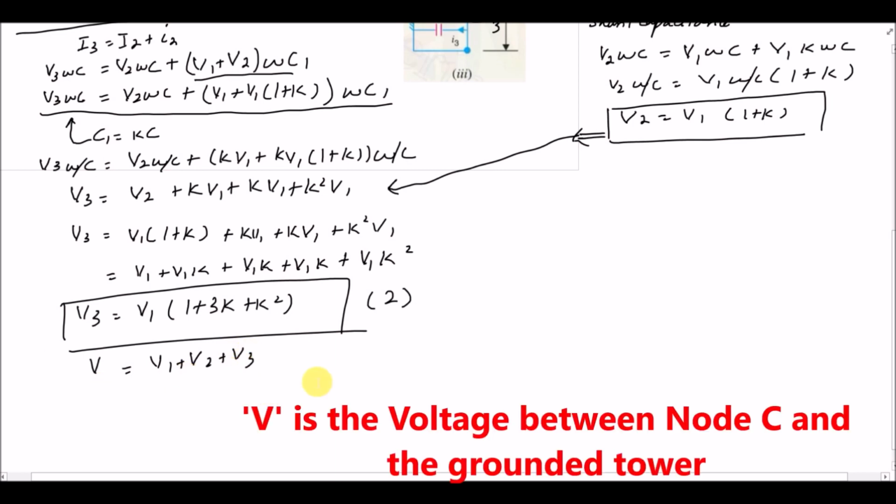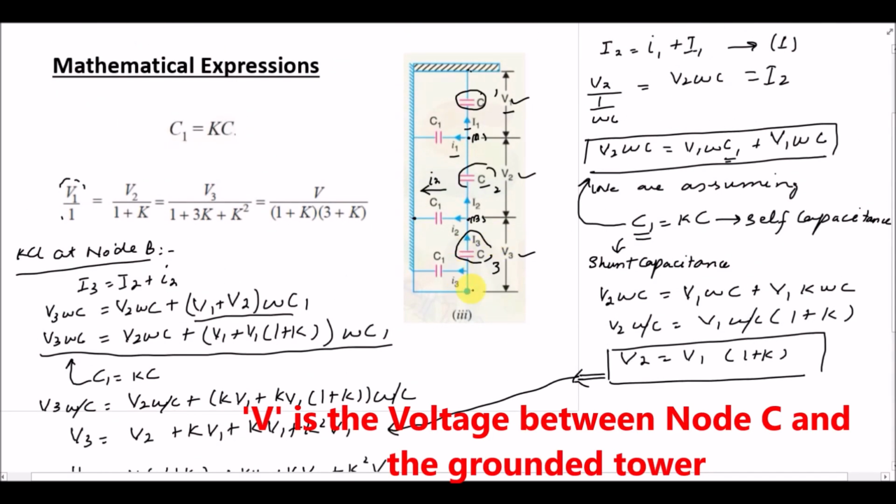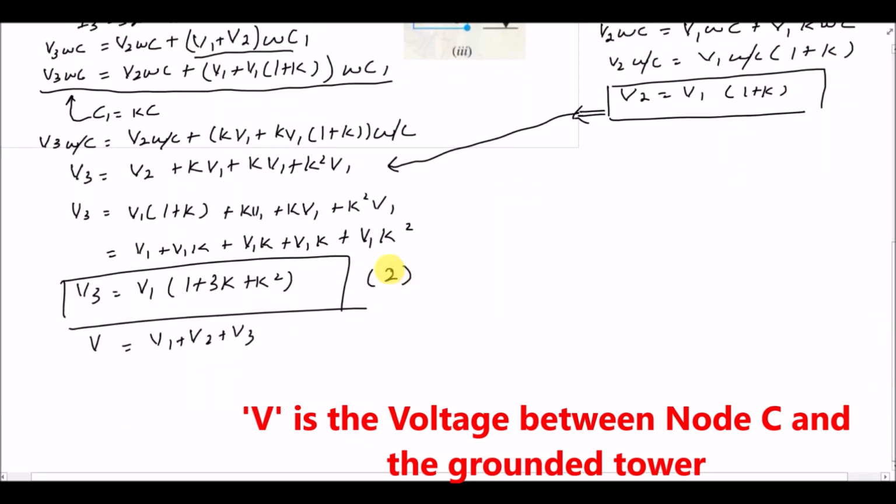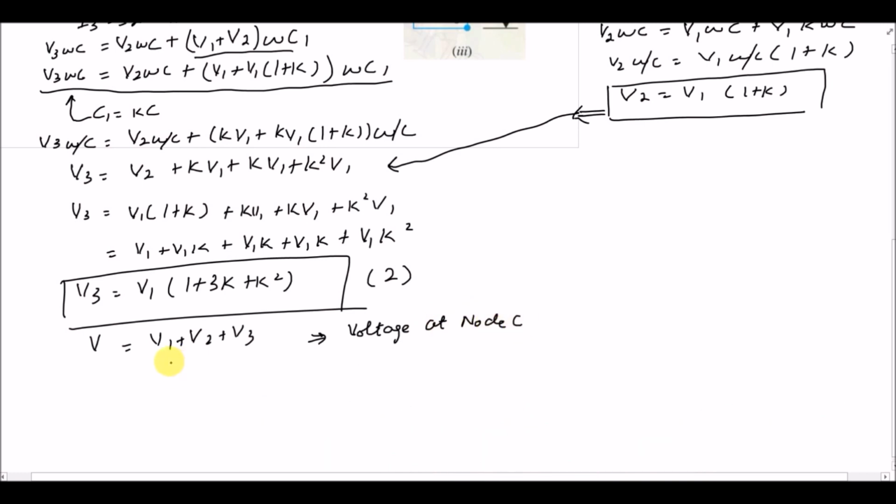This V is actually the voltage at node C. At node C we have a conductor, and at the other end we have a grounded tower. So the voltage at node C is just the summation of all the voltages V1, V2 and V3.